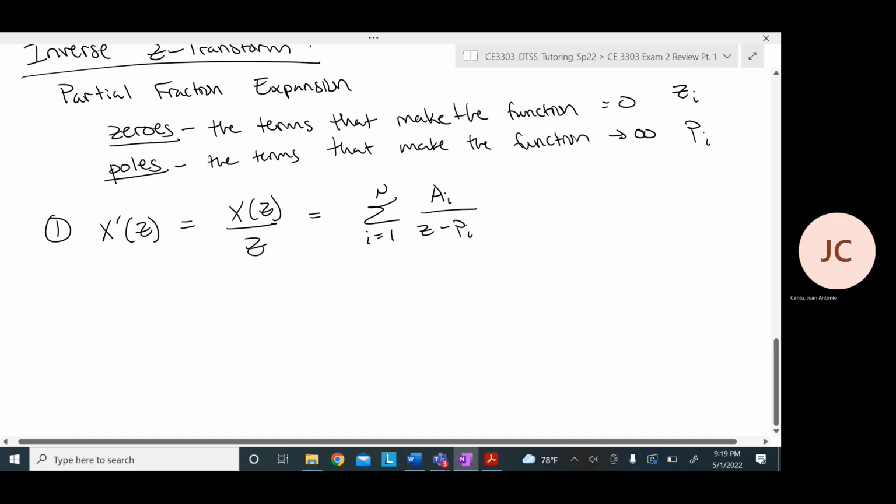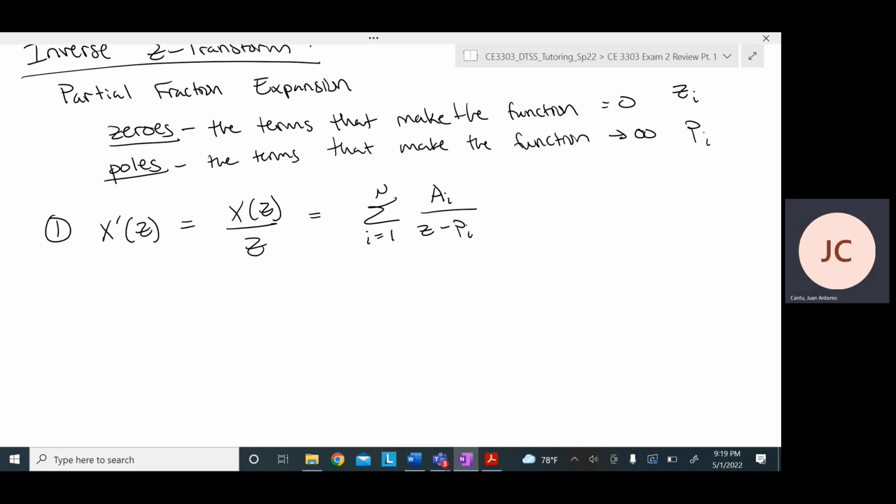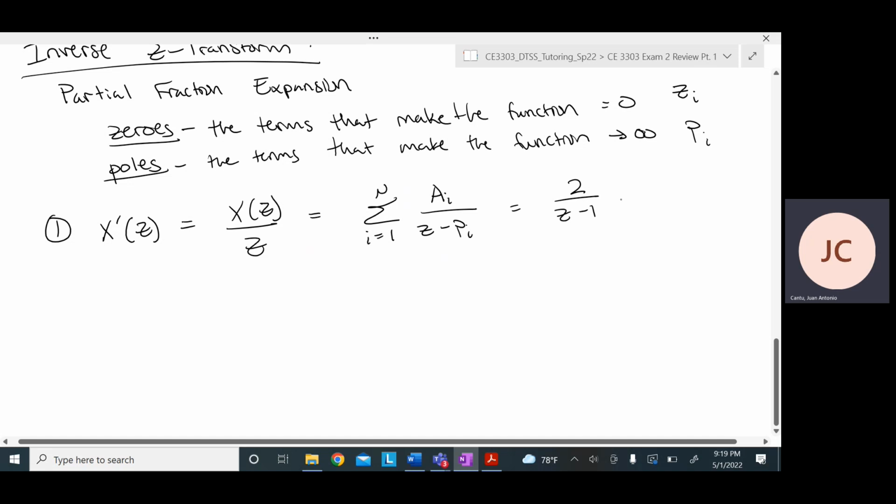So it could be something like 2 over z minus 1 plus 3 over z minus 2. This would be for our i equals 1 term, this would be for our i equals 2 term, so our upper bound n is equal to 2. This right here is a sub 1, and this right here is a sub 2.